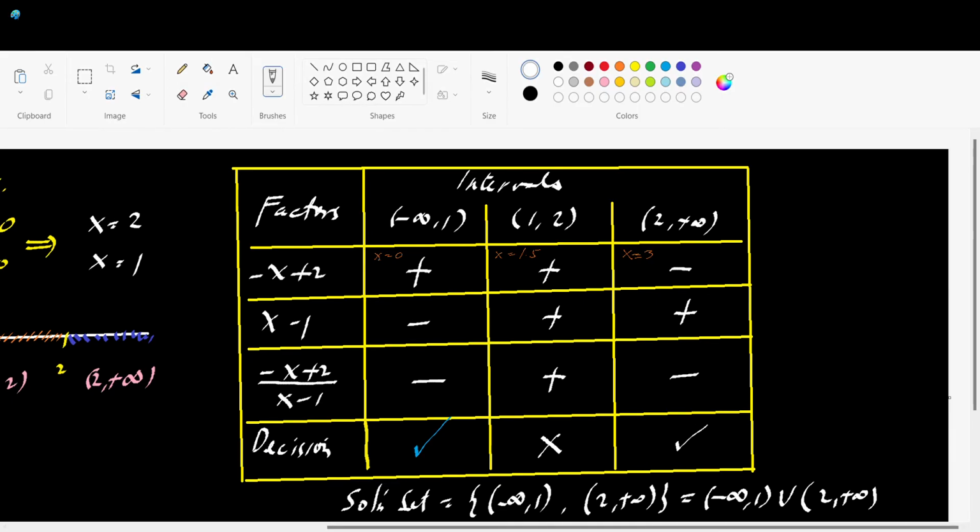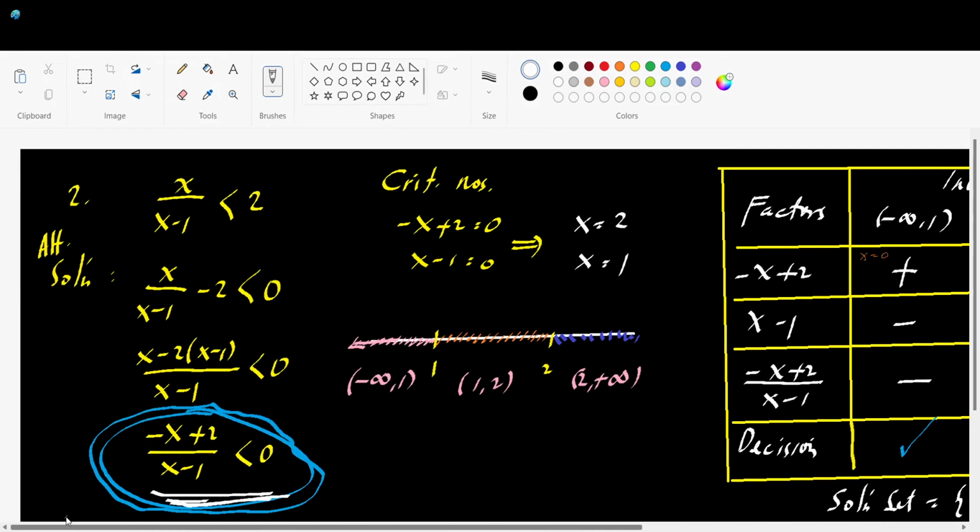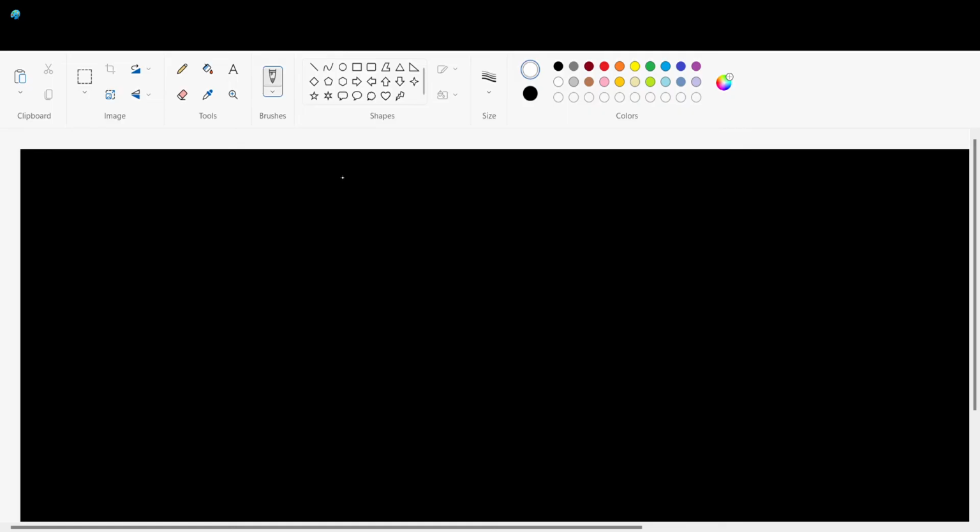Let us have another one. Let us work on 3x squared minus 14x plus 15 less than 0. Let us say less than or equal to 0. Okay, so what do we see here at the left side of the inequality? Quadratic expression.